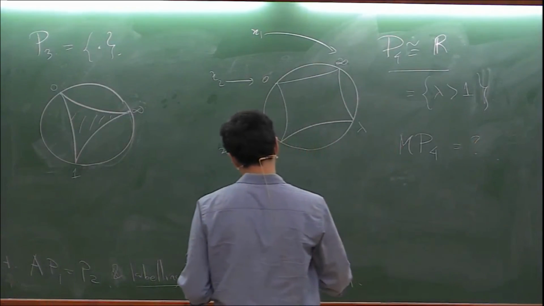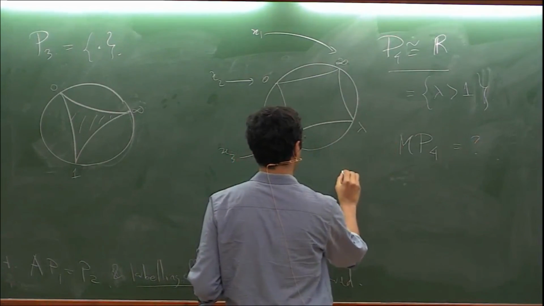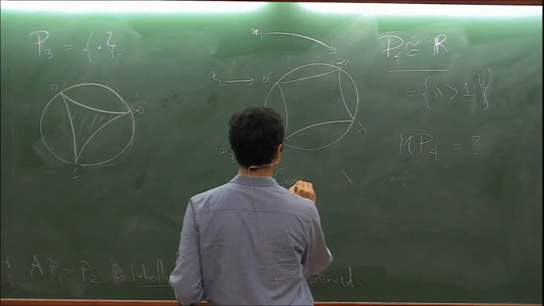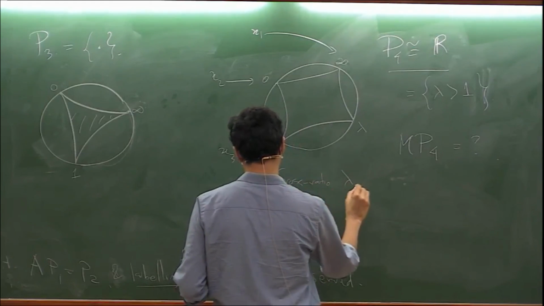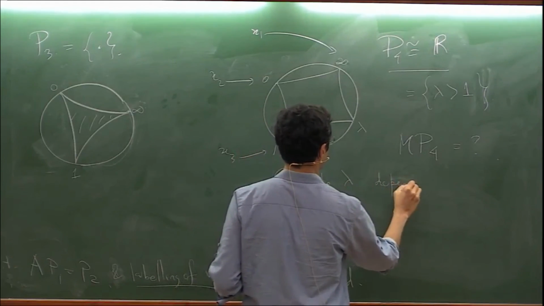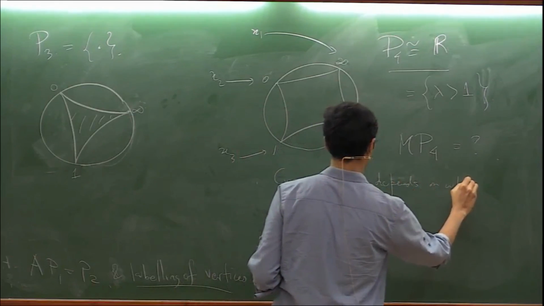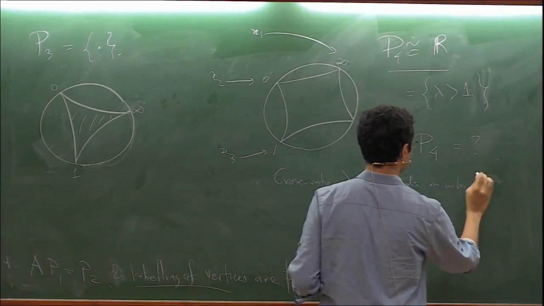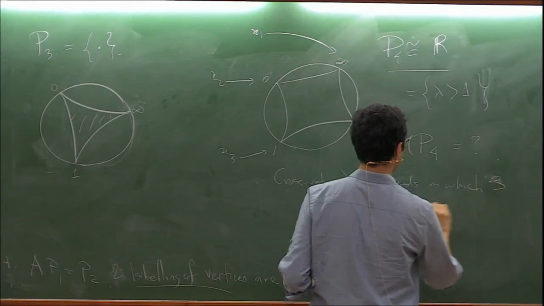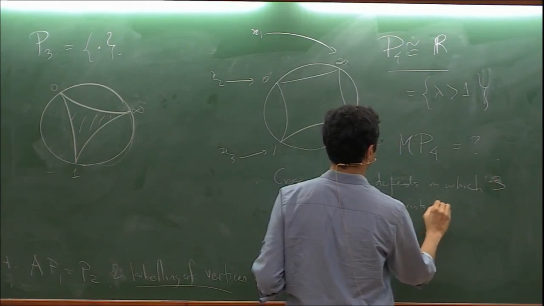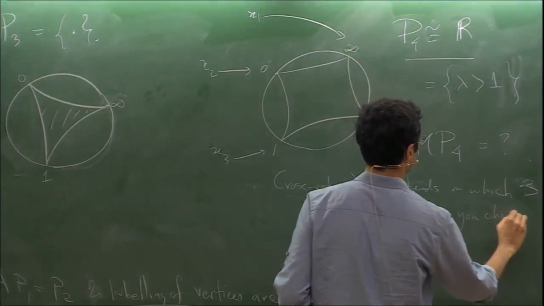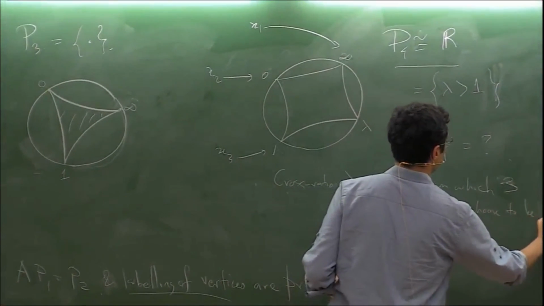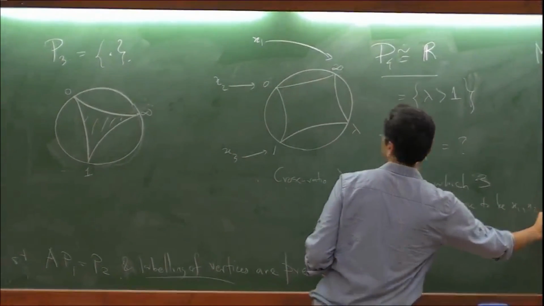This cross ratio lambda depends on which 3 points you choose to be x1, x2, and x3.